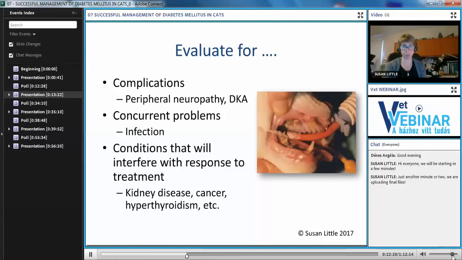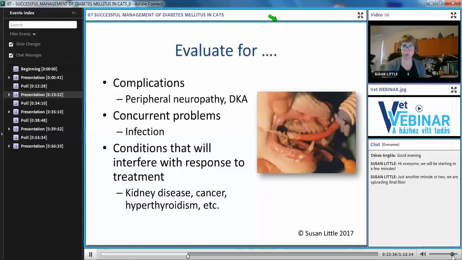So cats that have significant dental disease, like this cat has a lot of periodontal disease, that's a common occurrence in middle-aged and older cats, and urinary tract infections would be the other case.